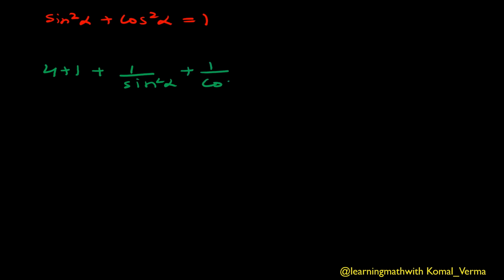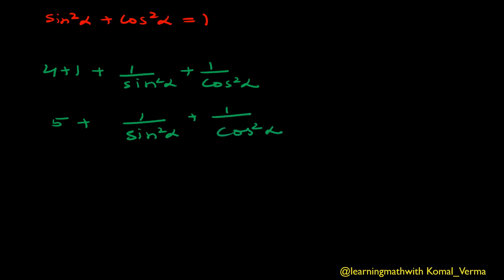As we know, sin square alpha plus cos square alpha is equal to 1. So our equation will become 4 plus 1 plus 1 upon sin square alpha plus 1 upon cos square alpha.